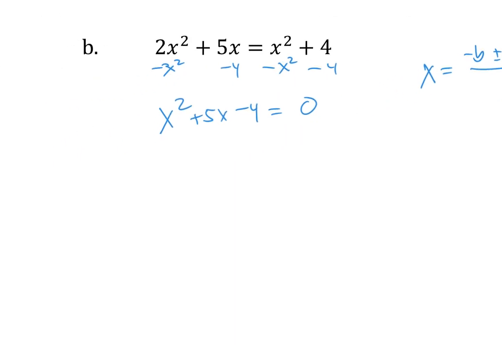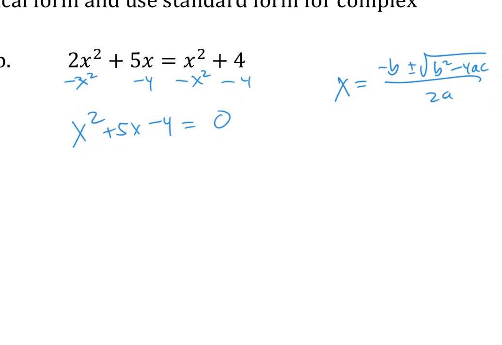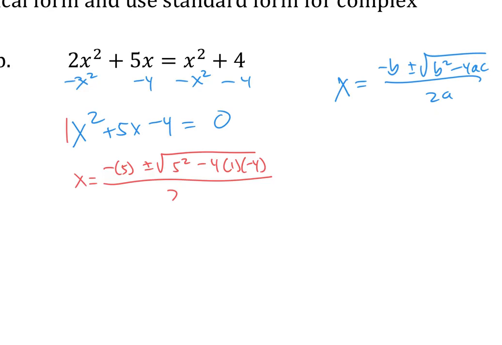Okay, so let's use that here. We've got x equals negative b, which is 5, plus or minus square root b squared minus 4 times a, which is 1. There's a 1 right there, times c, all over 2a.